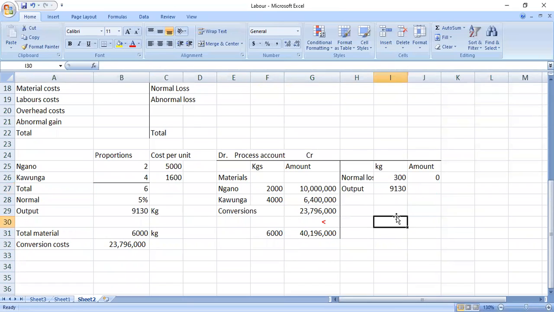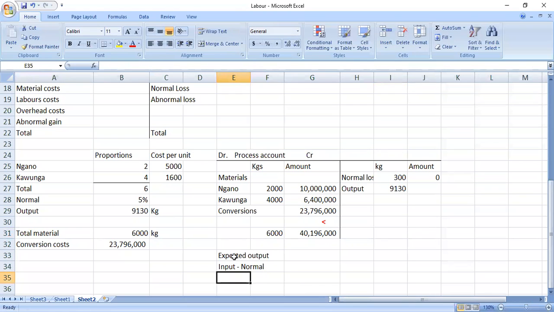That's one option, that you balance the units to confirm whether there was anything not accounted for. Alternatively, we have what we call expected output. The expected output is given by the input minus normal loss.